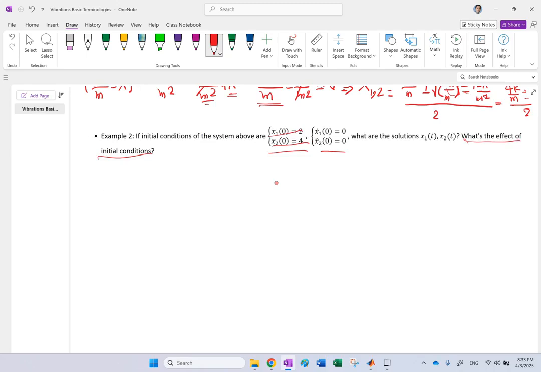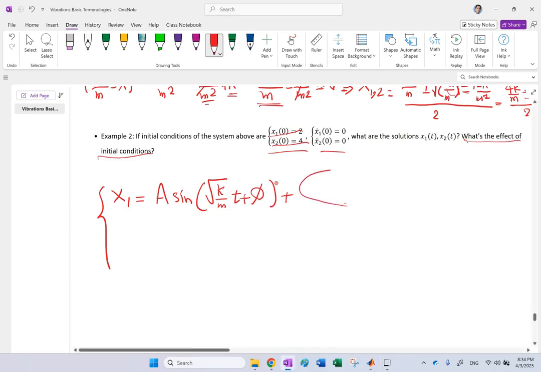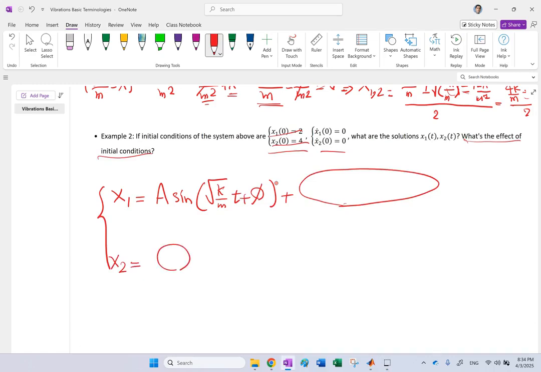Remember, I said the solution is x1 equals a times sine of omega 1 times t plus phi. And before I even write the second term, if I want to continue with x2, x2 will be something times the same frequency and the same phase.